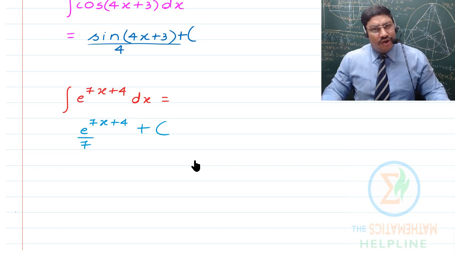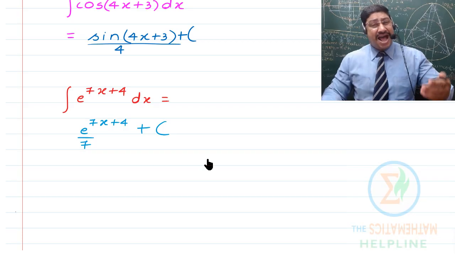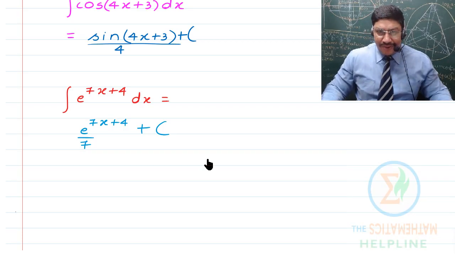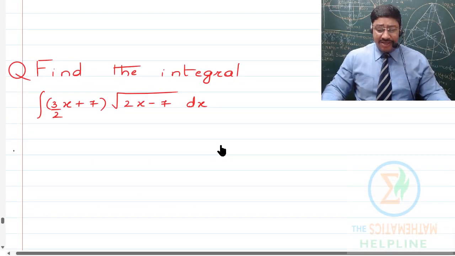Now, have you all been able to understand how we solve questions on integrals which have an algebraic function attached to some other function? Very good. Now, children, let's discuss a question of this type.